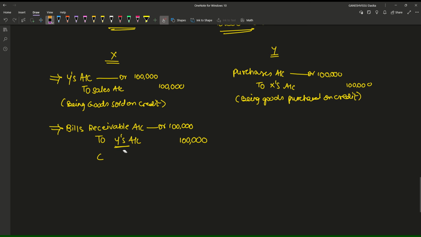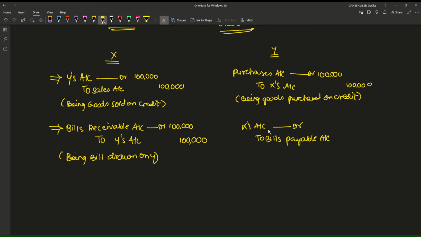Very good, if we understand in a better manner, that would be easy. Being bill drawn on Y. Then, as Y is going to pay the bill to X, that would be bills payable, the bill going out to bills payable account. And to whom is it payable? X account.